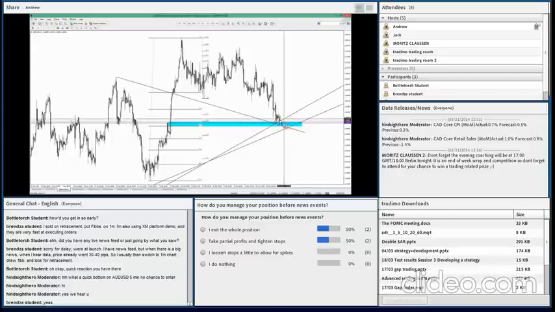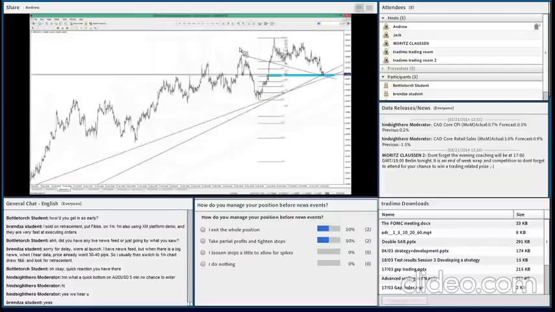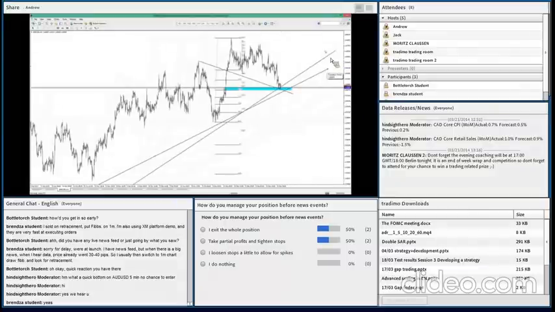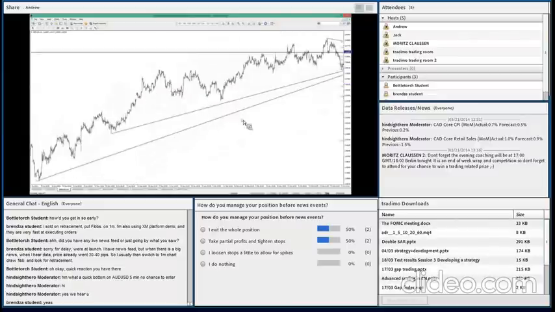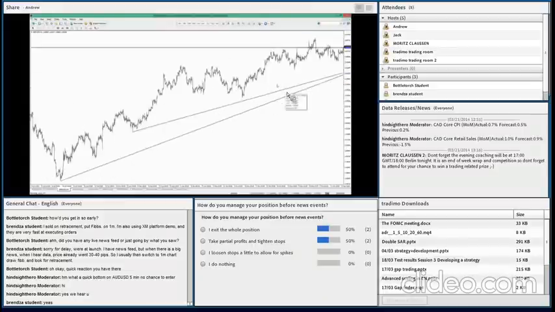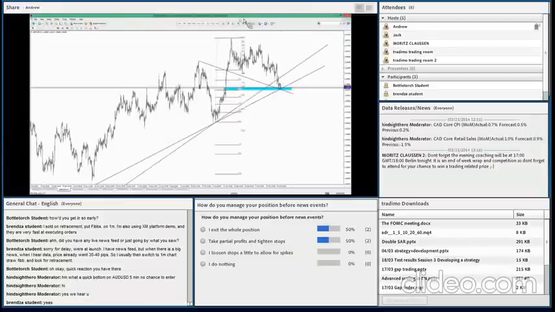So you can see that at this area here, we've got a stack of levels lining up, and I'll need to just adjust this trend line because the joyful MetaTrader is always messing about like this. Okay, so we've got a hit there, and we have one through there. Okay, so that's obviously miles away.